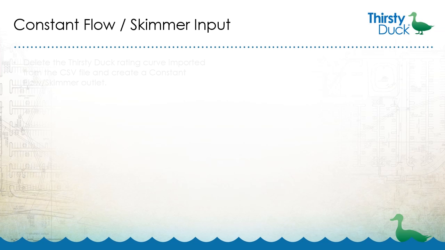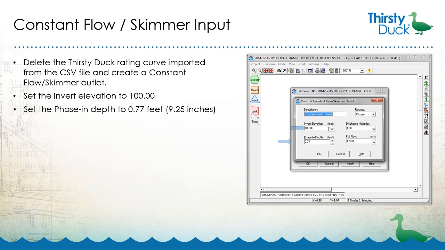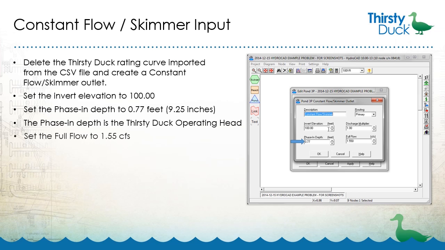Delete the Thirsty Duck rating curve imported from the CSV file and create a constant flow skimmer outlet. Set the invert elevation to 100.00 and the phase-in depth to 0.77 feet, 9.25 inches. The phase-in depth is the Thirsty Duck operating head. Then set the full flow to 1.55 CFS and click OK.